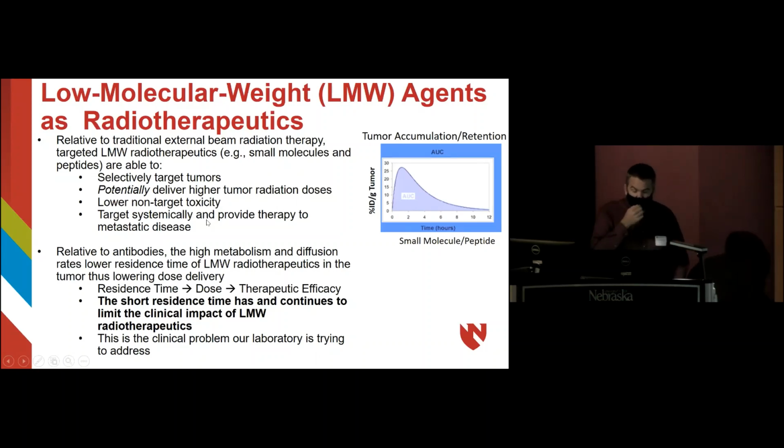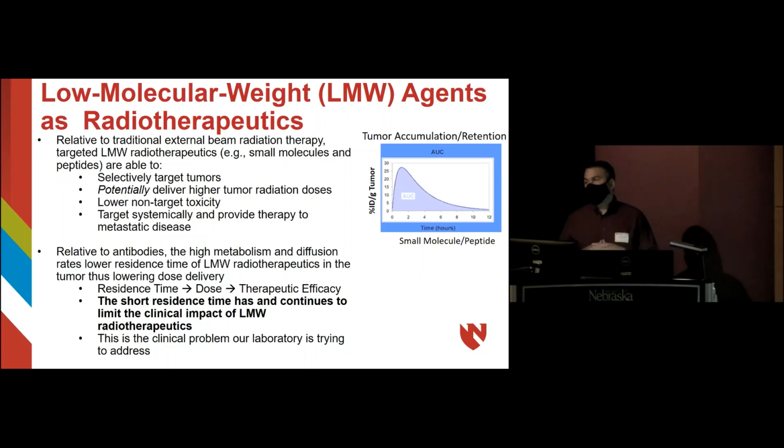Low molecular weight agents also have advantages relative to antibodies and other high molecular weight constructs, in that they are able to target the tumors quickly and they clear the body quickly as well. However, one of the detriments of low molecular weight radiotherapeutics has always been the residence time within the tumor.